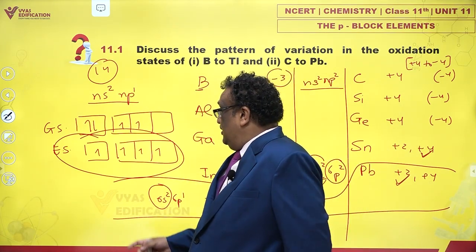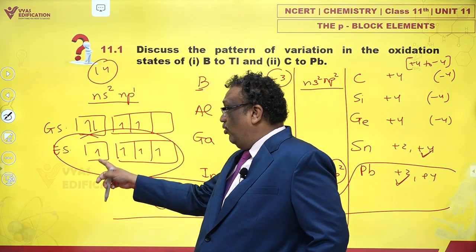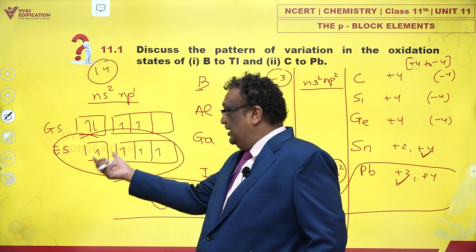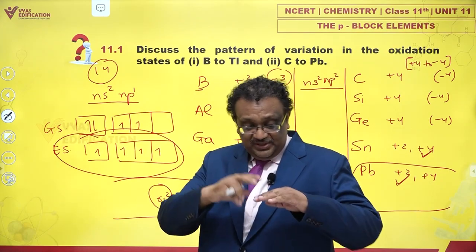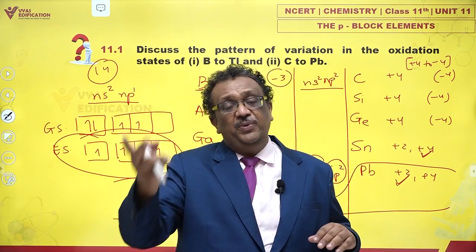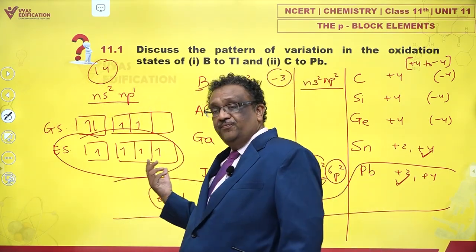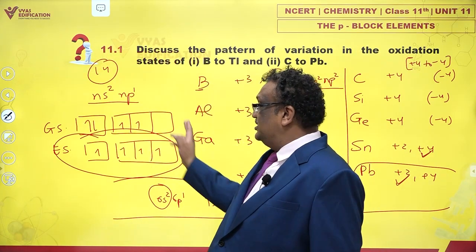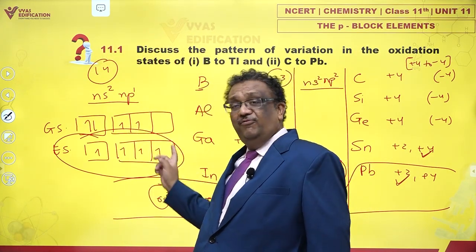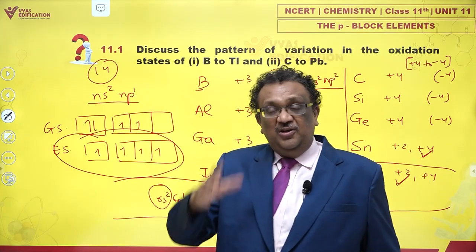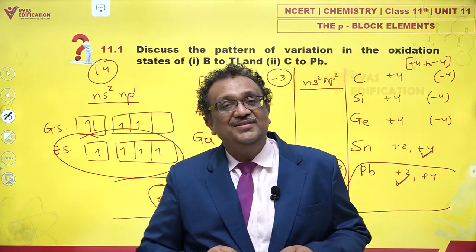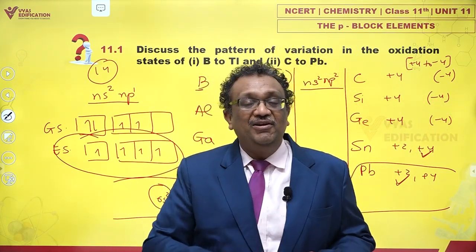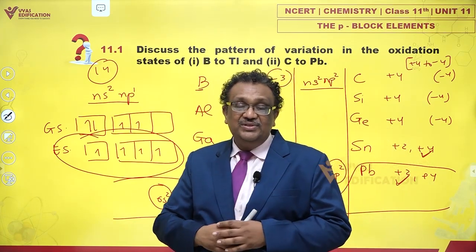Now, this excitation involves some increase in energy. From 6s, if the electrons have to be excited to 6p, you have to give some energy. What is the advantage? The advantage is that instead of 2 bonds, now you can form 4 bonds. Down the group, bond length increases, yes. Because bond length increases, bond strength decreases, yes.